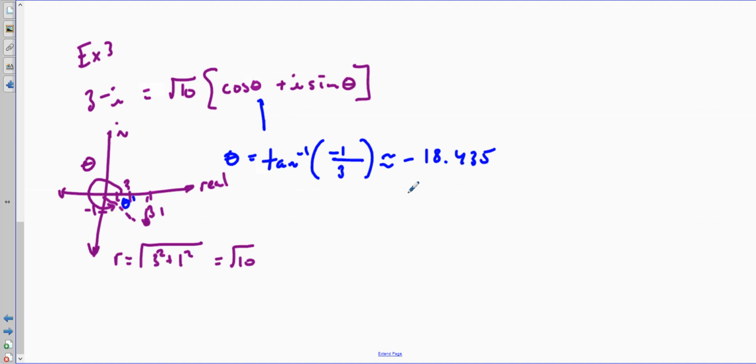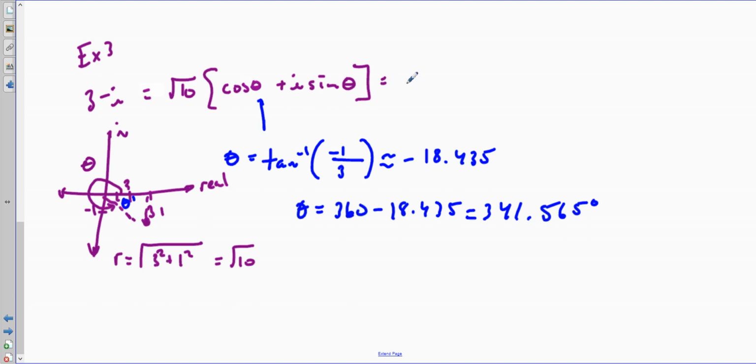Or what you can do is take this and make this into a nicer angle, from 0 to 360, by taking 360 minus 18.435, which will also give you an answer of 341.565 degrees.